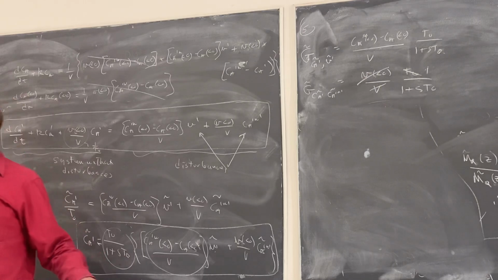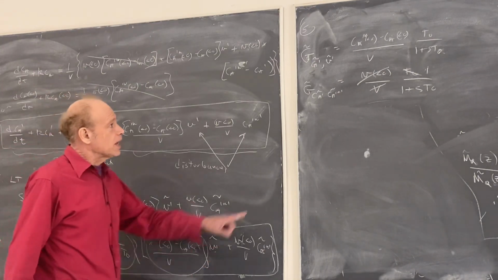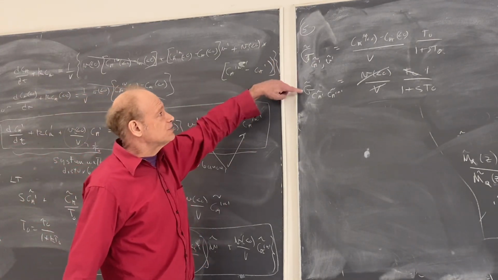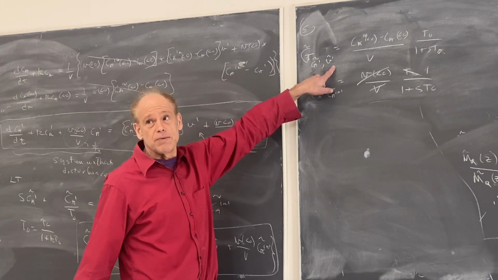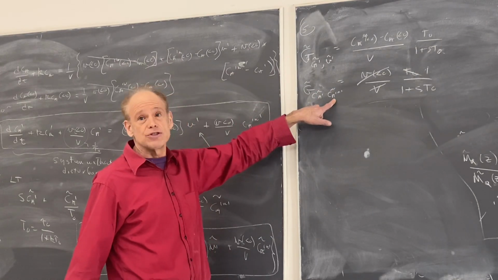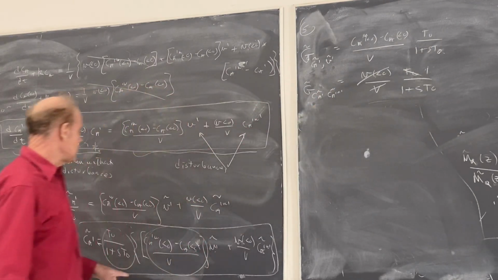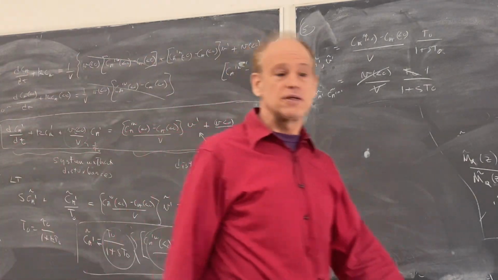They add because I've linearized. Had I not linearized, they wouldn't add. Then they would have been multiplied by each other. But they add here. And we can write these transfer functions, which again gives me the change in the output due to the change in the input. And here we can see it from this particular problem. Are there any questions? I think we're done for today.